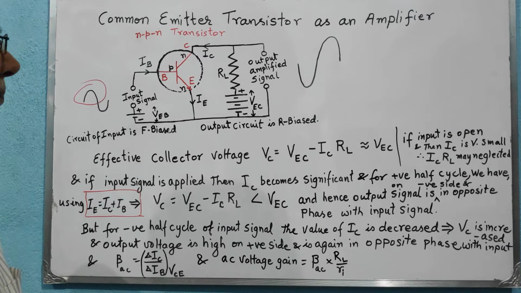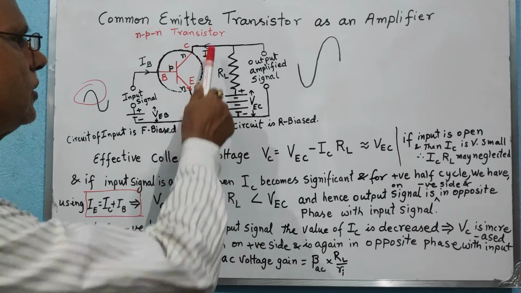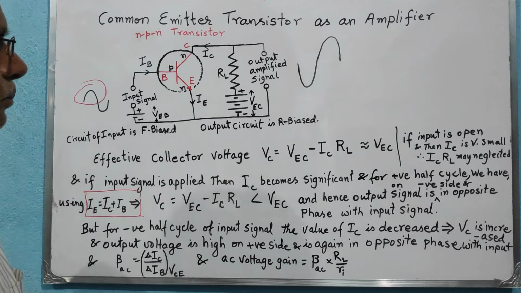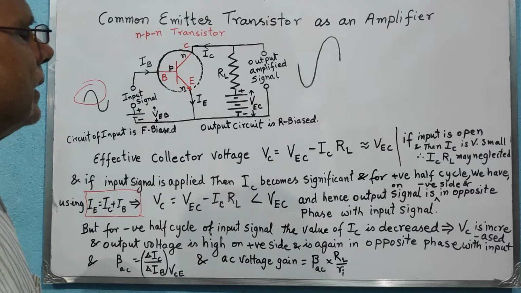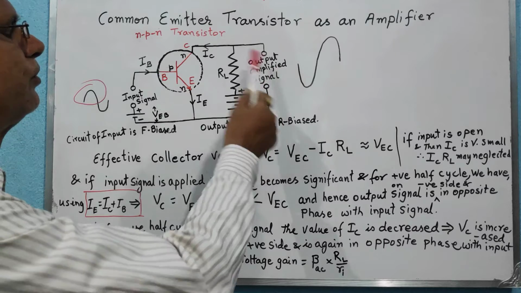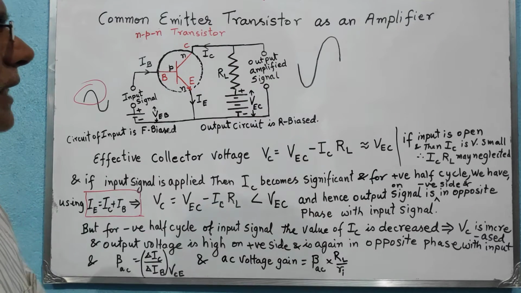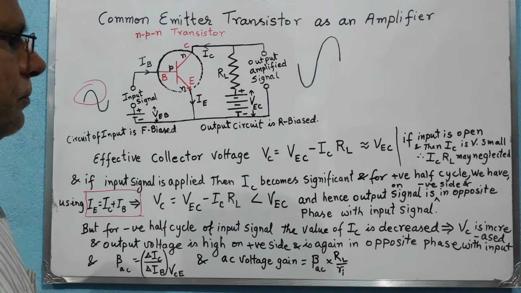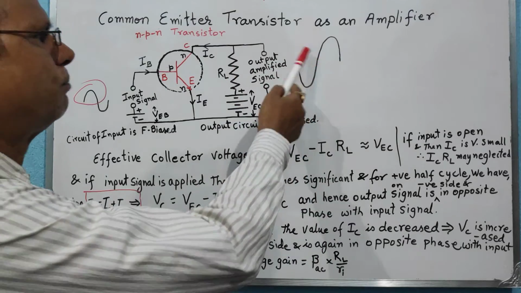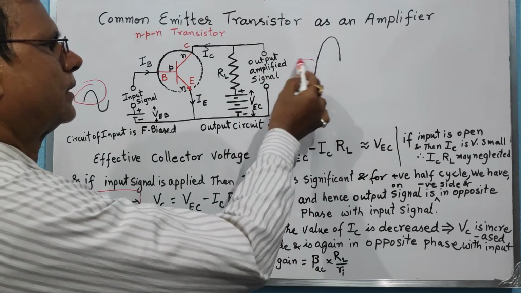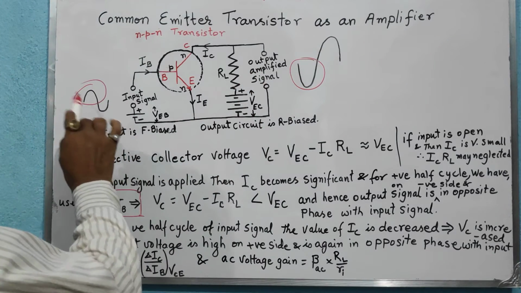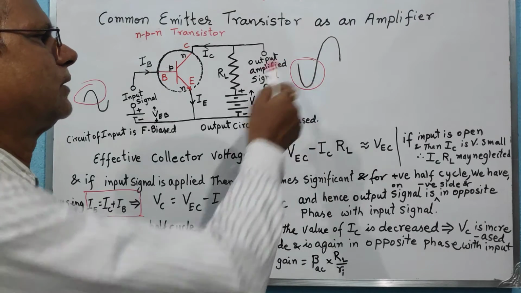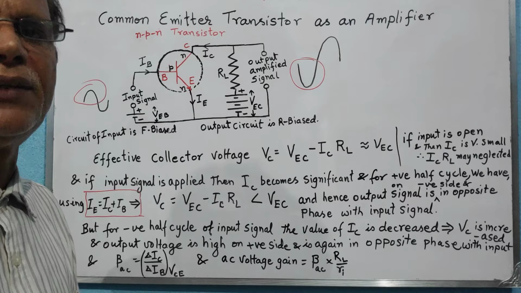Therefore the potential at the collector will be reduced, and that means the output voltage will be on the negative side of the wave. Of course the voltage will be raised, but it will be in opposite phase compared to the input signal. Here you see, while the input signal is on the positive side, the output signal is on the negative side, and so they are in opposite phase.